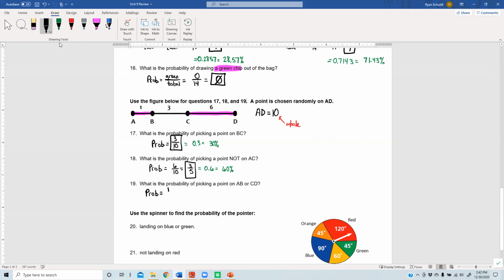Well, it's going to be 1 plus 6/10, which would be 7/10. As a decimal, we could say that's 0.7. As a percent, that's 70%. Okay, so there's 17, 18, and 19.